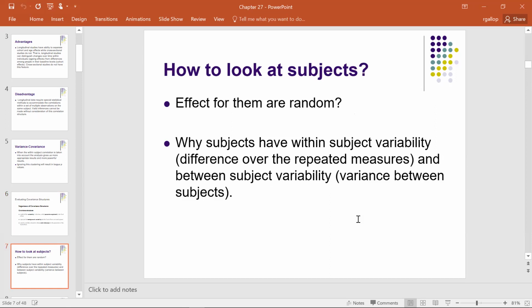Now, in the repeated measures design, you could look at this in 2 ways. And the 2 ways are as follows.